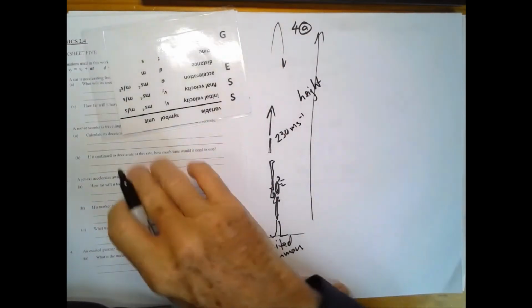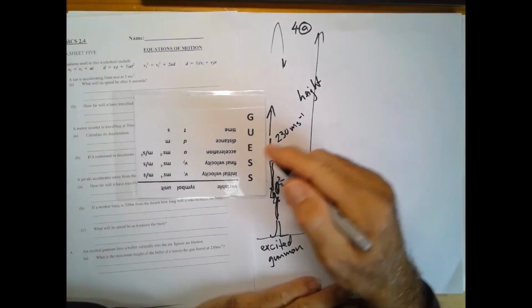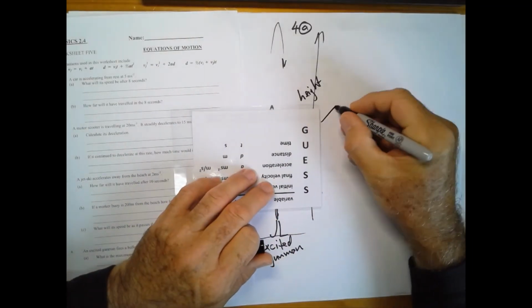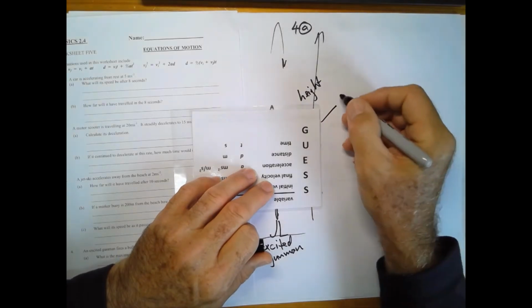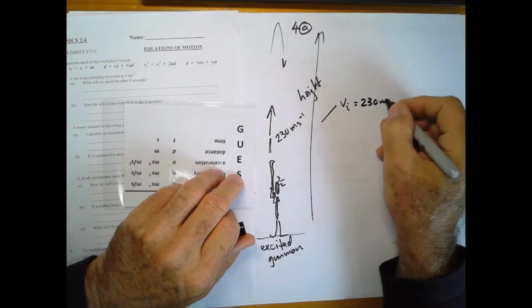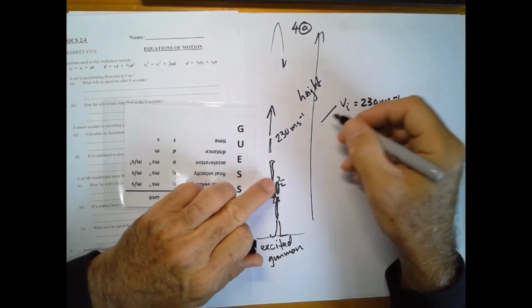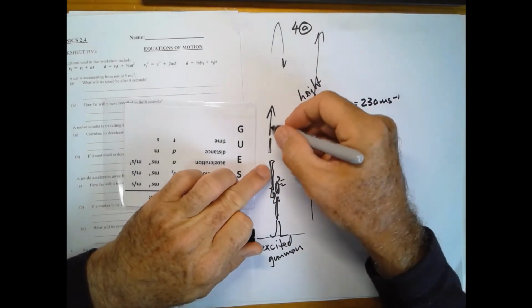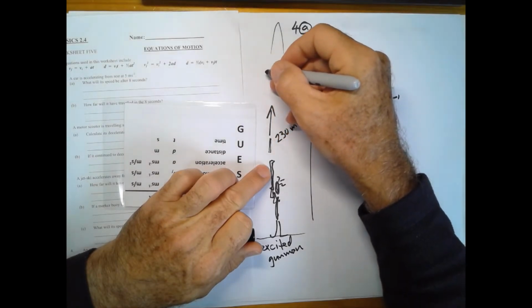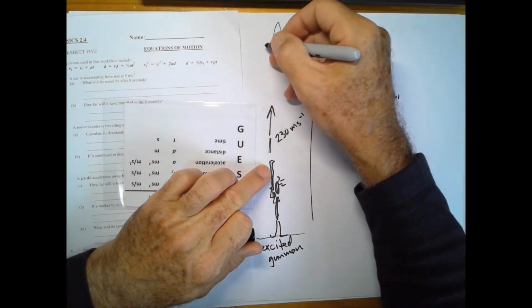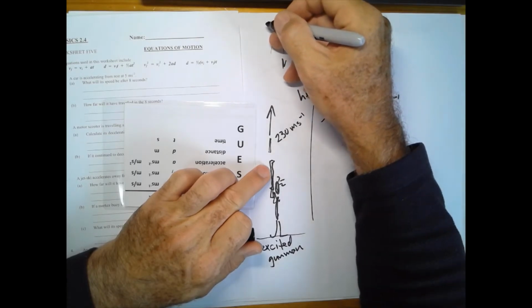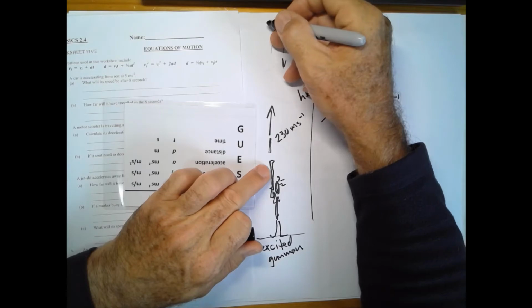So let's do our GUESS. What are we given? We're given an initial velocity of 230 meters per second. How high does it go? It's shot out against gravity. It's slowing down as it gets higher until it reaches a point, a maximum height, when the velocity is now 0, then it starts falling down again.